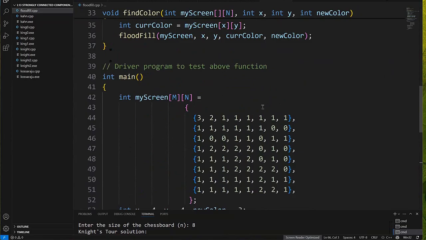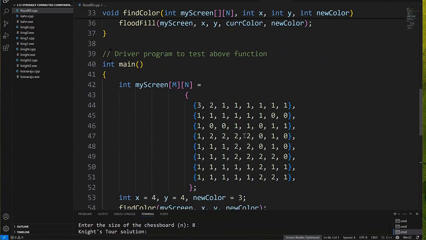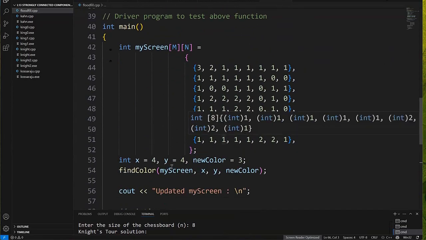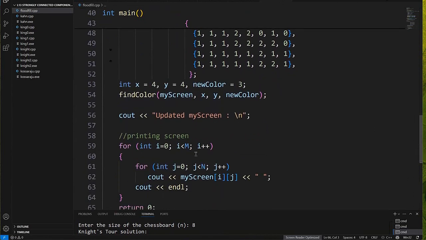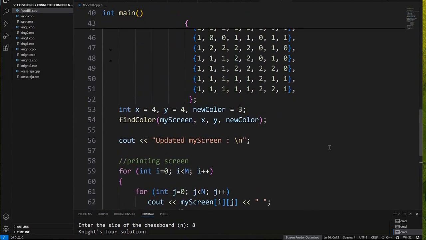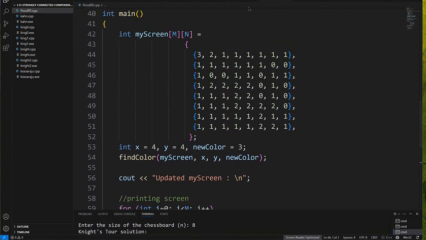So basically, you have your screen like this, and you start from 4,4, and your new color is 3. So you color your screen with the new color and update your screen. So you get started from 4,4, which is here, and you fill in a color.